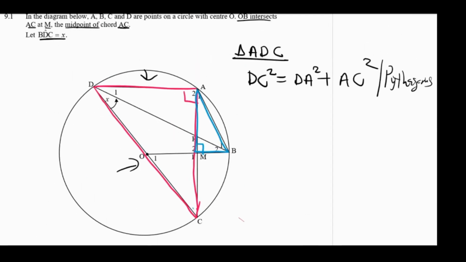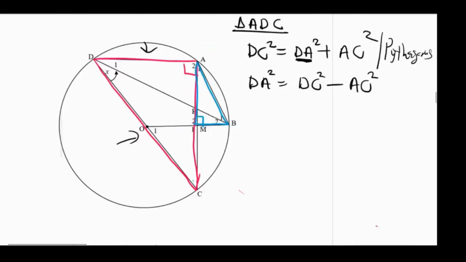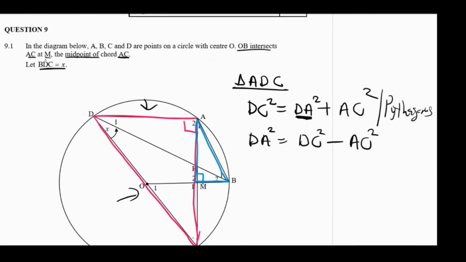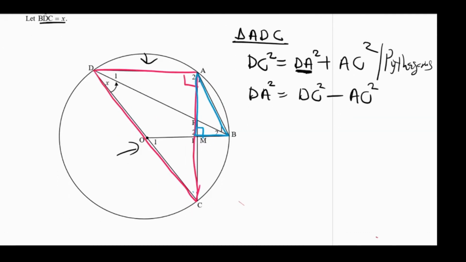So the whole point is to find DA, right? So let me just write this in terms of DA. DA squared is equal to DC squared minus AC squared, right? So I want to find DA squared, or AD squared, whatever you call it. So we need to substitute some of the values. We have DC squared. Let's look at the shape. DC is from this point up to that point. That is DC, right?